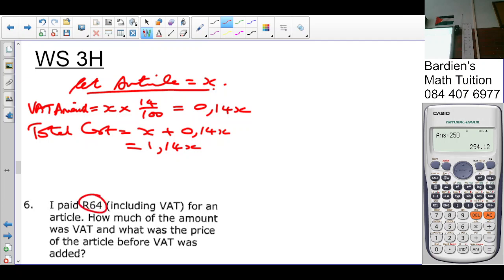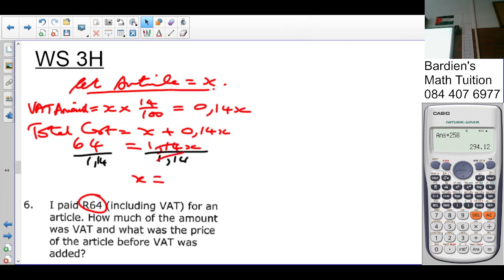But what is the total cost for this item? 64 rand. So how do I get X on its own? Divided by 1,14. So X is equal to 64 over 1,14, which gives us 56 rand and 14 cents.